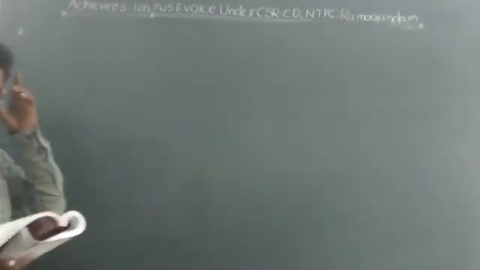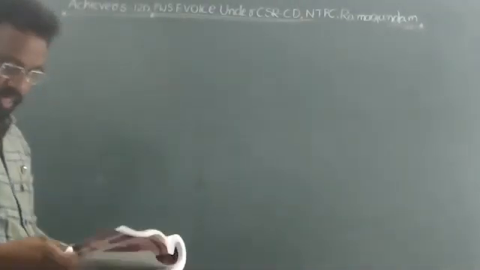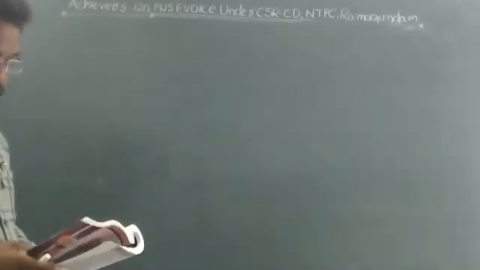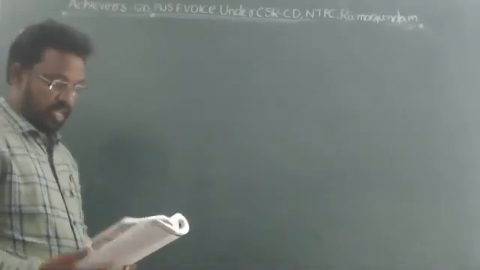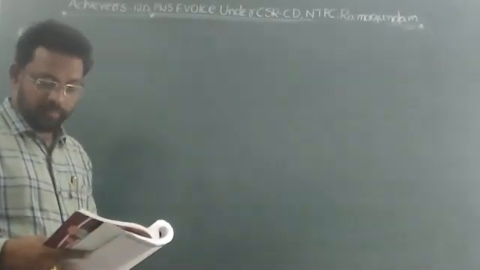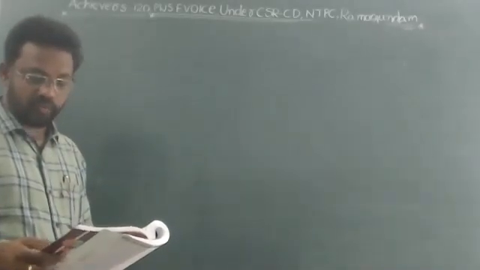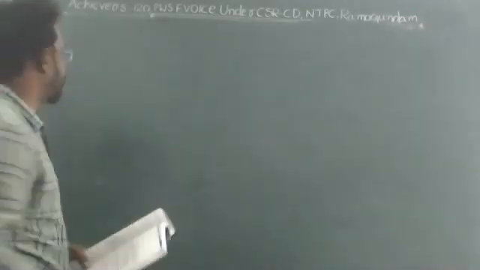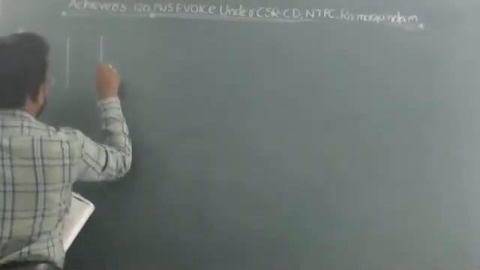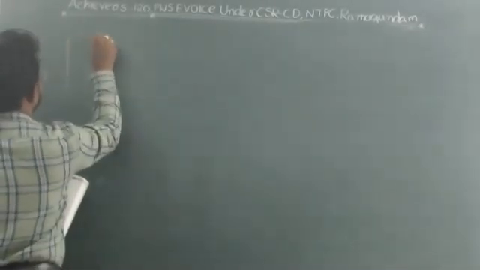All right, we'll go with one of the questions. A solid is in the form of a right circular cylinder with a hemisphere at one end and a cone at the other end. See, the cylinder is there.